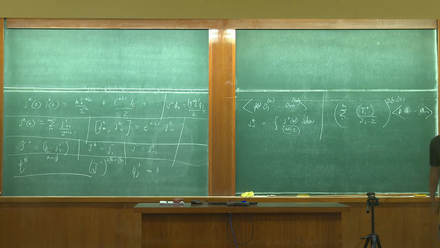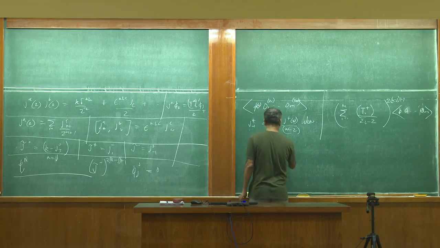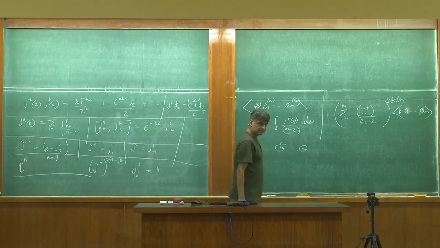So, please. What will be the contour for T1, T2 acting on O1, O2? It will be this and this, where this was z1 and this was z2. Yeah, this is T1 on O1, T2 on O2. Right?